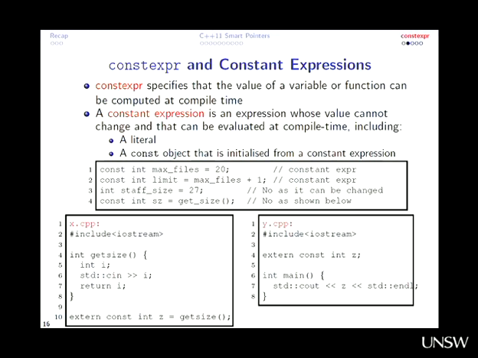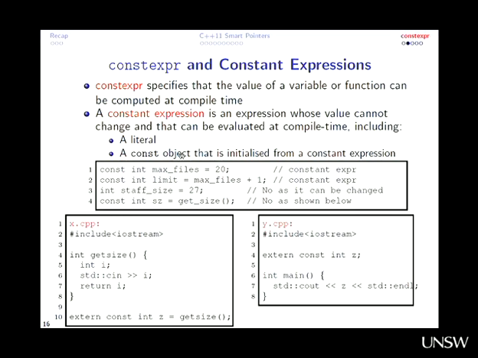A const expression is what we call a literal. A literal is like just the number 1 or 2 or 3, or 3.14. It can also be a const object, which is initialized from a const expression.